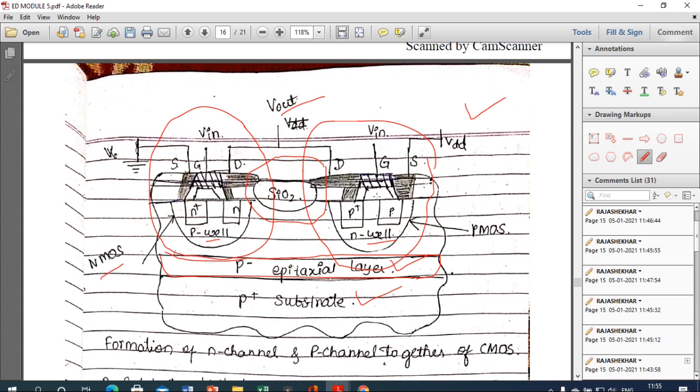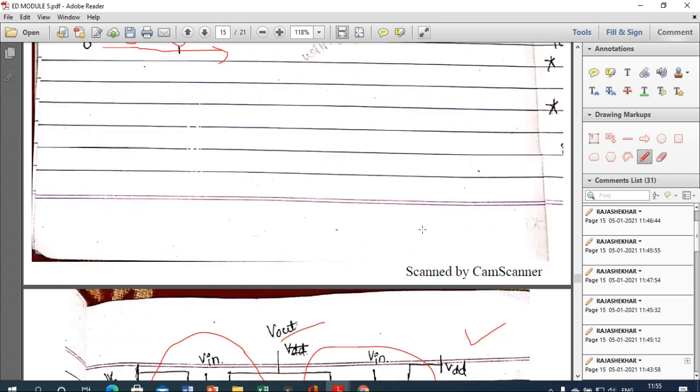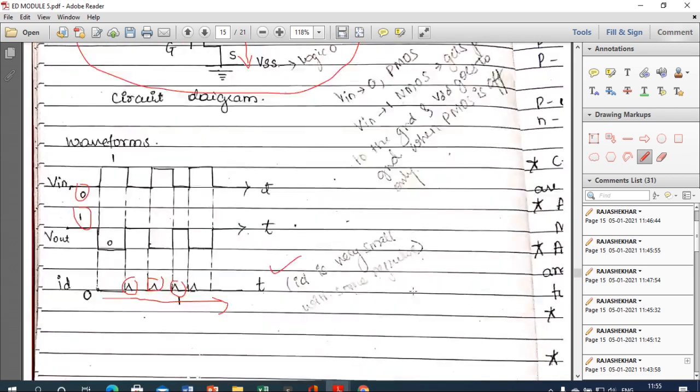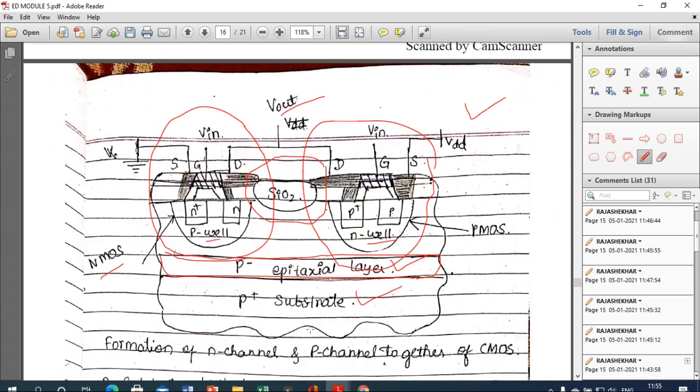So this is how it can be implemented using a fabrication process. I hope it is clear for everyone. The same thing which I showed in the schematic is shown in the fabrication. Here we have used materials belonging to P type and N type to construct this CMOS transistor.